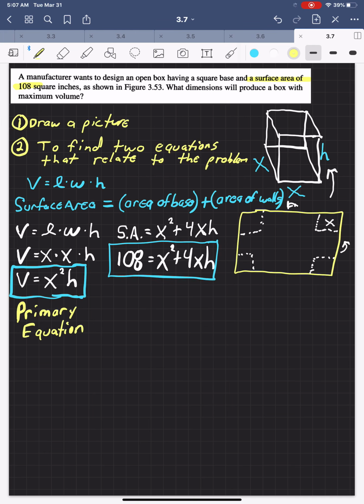Now, how do you know which one's primary? Well, the primary equation is the one that you want to optimize, right? Are we trying to optimize the surface area? No. The manufacturer wants to optimize the volume. They want maximum volume of this box. So the primary equation is always the one that you're trying to optimize.